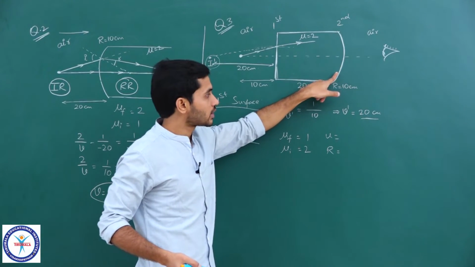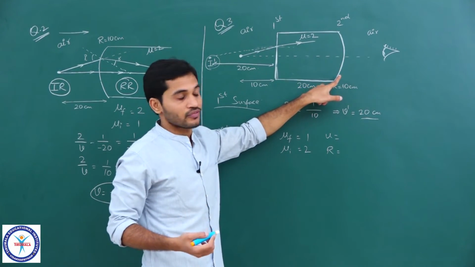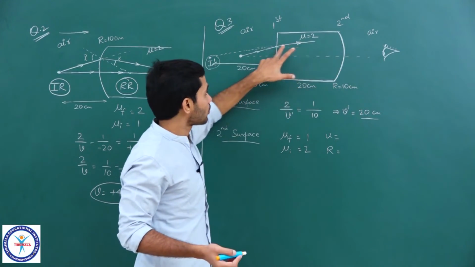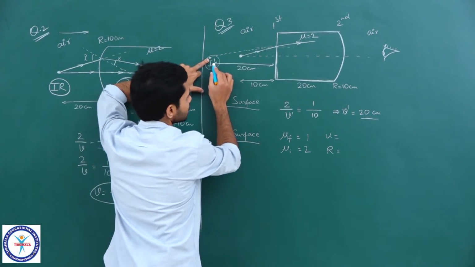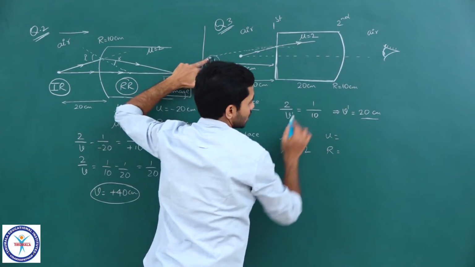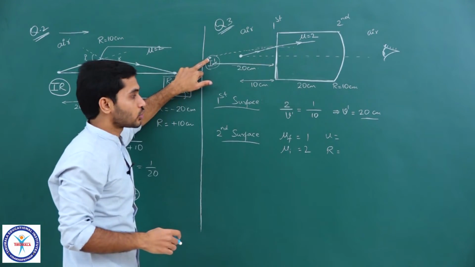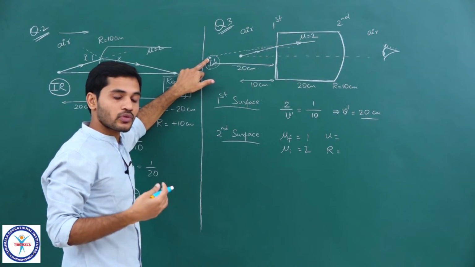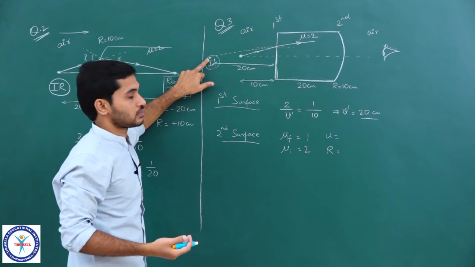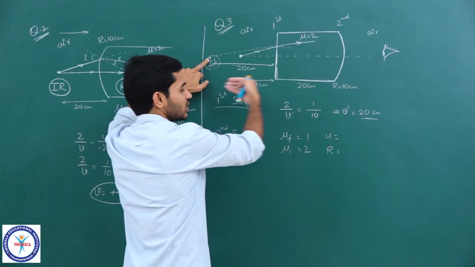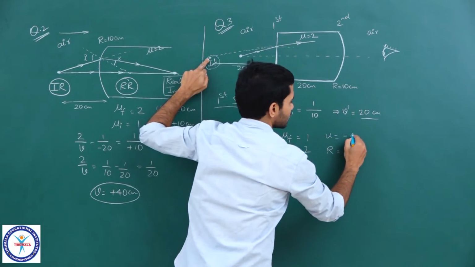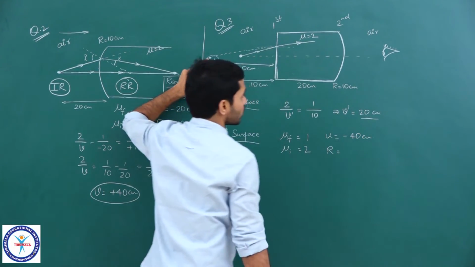For this object, where are the light rays coming from? Light rays are coming from a point here, and this point is at how much distance? 20 plus 20, 40, correct. Should I take it as plus 40 or minus 40? Minus 40, right, because light rays are travelling like this, and the object is on this side. So, minus 40 centimeters.